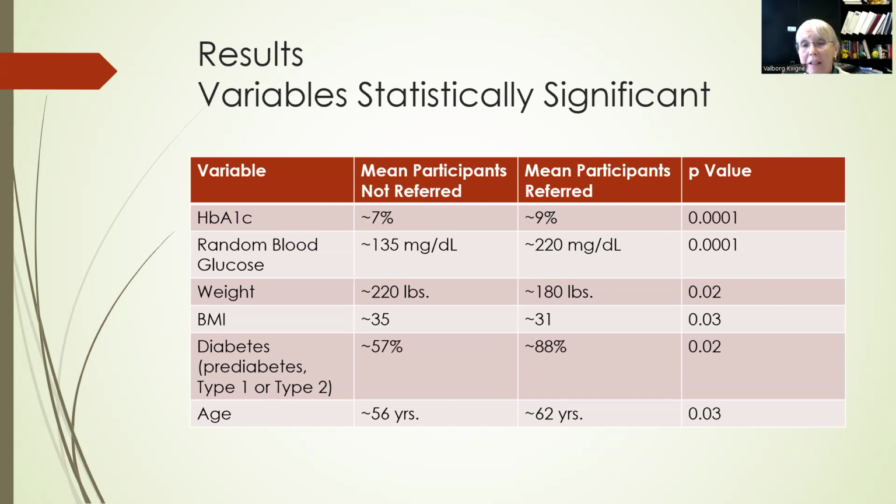Now, how can this be? Well, let's drop down to the bottom row, and we'll see that the average age for participants who were referred was approximately 62, and the average age for participants who were not referred was approximately 56.